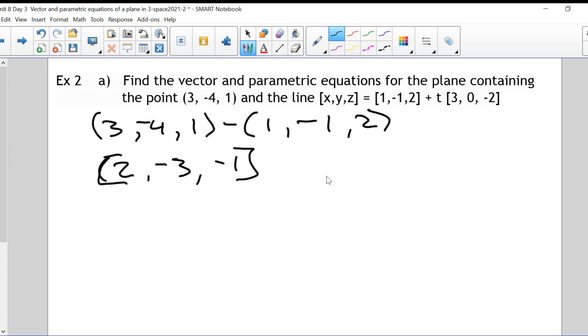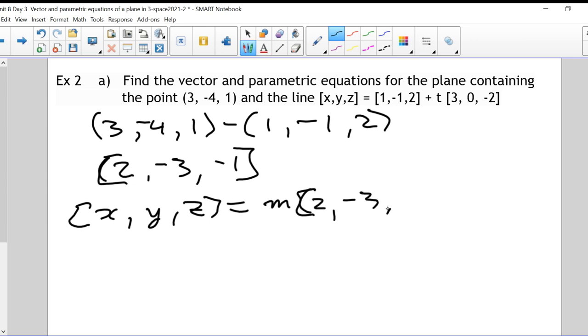So now I'm ready to write my equation of the plane. So it's x, y, z is equal to m times the 2, minus 3, minus 1, plus t times 3, 0, minus 2.